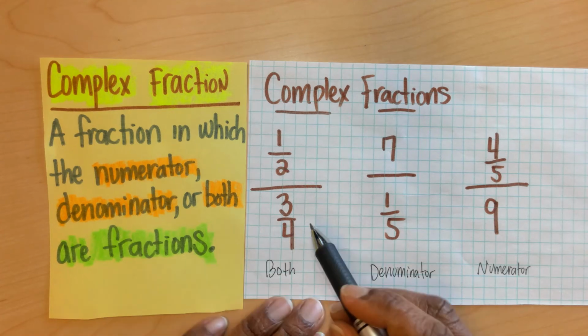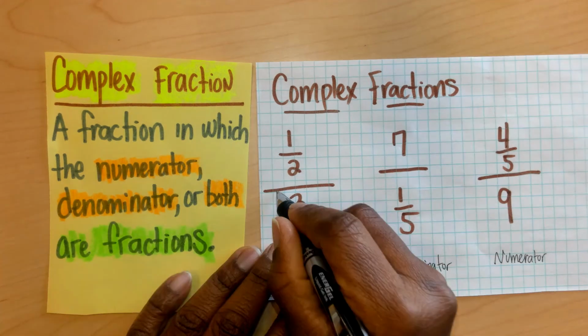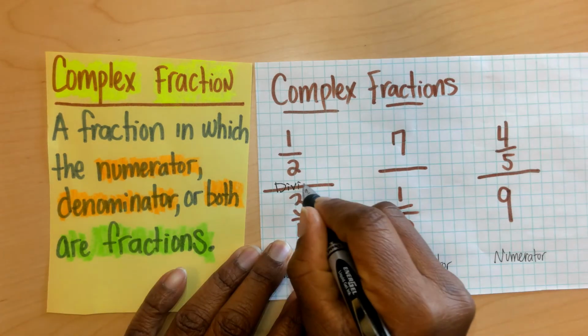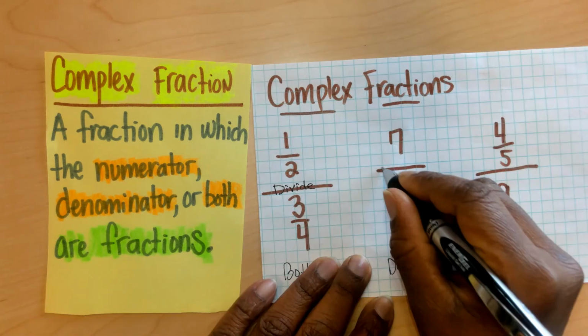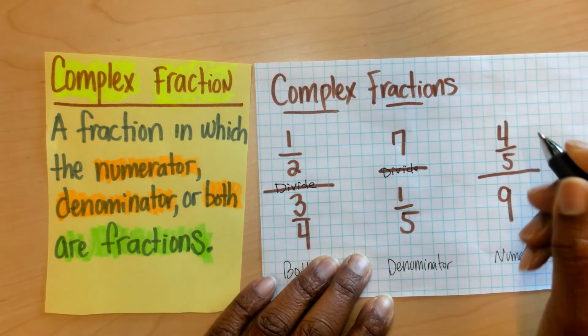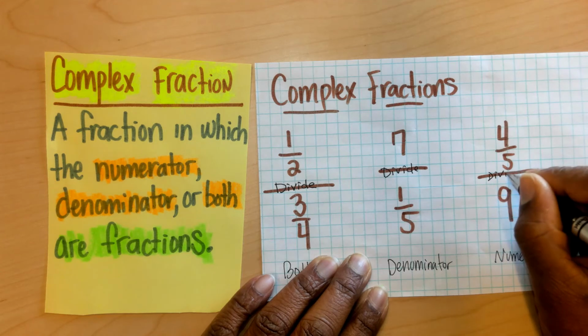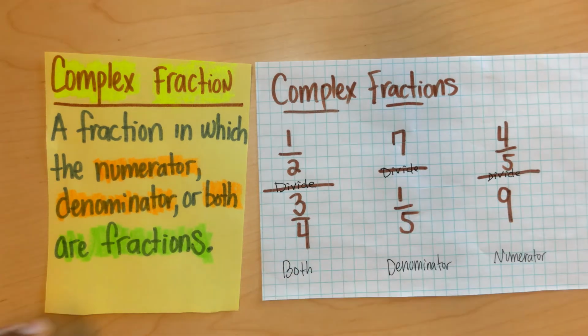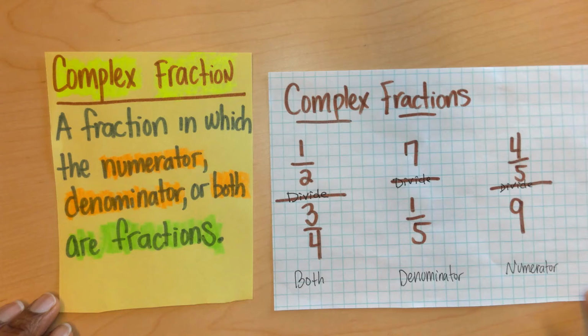This bar also means to divide. Please remember that this fraction bar means to divide. So when we see that, we can actually replace that fraction bar with actual division. So let's go ahead and solve a few examples with complex fractions.